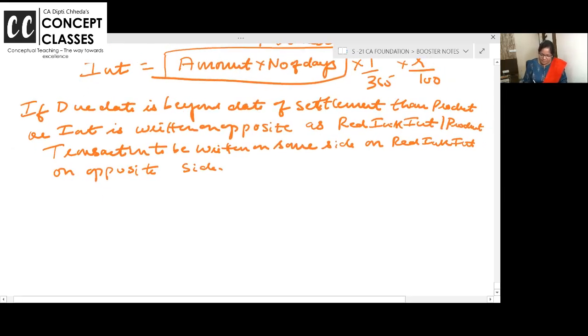Now third method. Acha, in the second method, two more sub methods are there, no? Forward method.